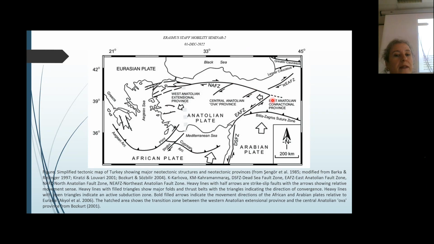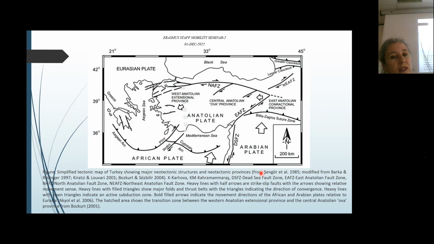There are also the Eastern Anatolian fault zone and the Dead Sea fault zone, which goes down to the Red Sea. These are the biggest fault zones that we have. Besides, because of the extensional regime, we have a Horst and Graben system in the Aegean area. This is another aspect that we need to consider.